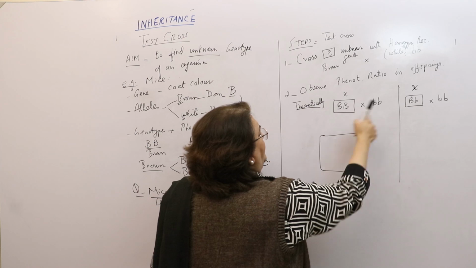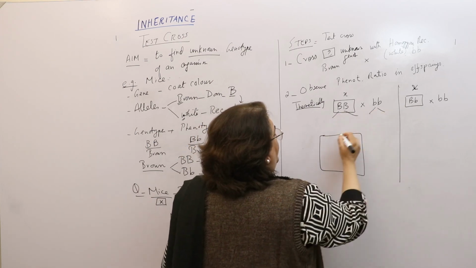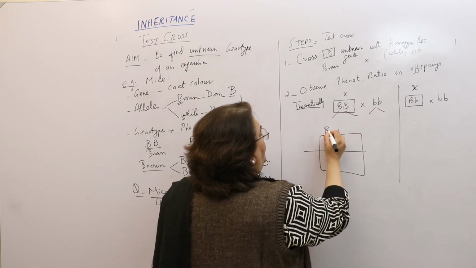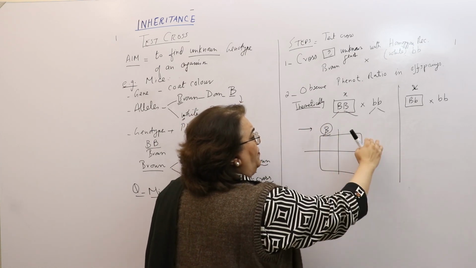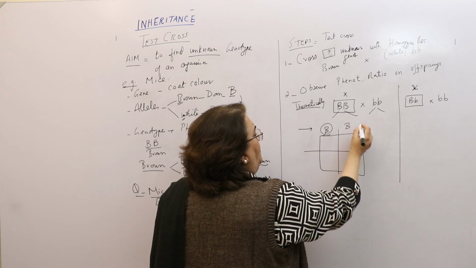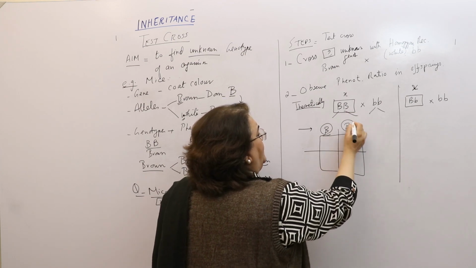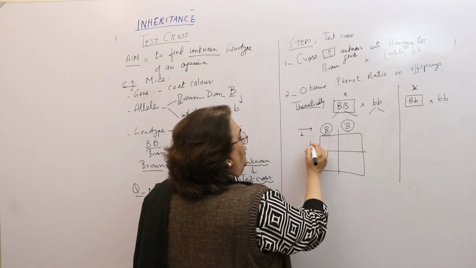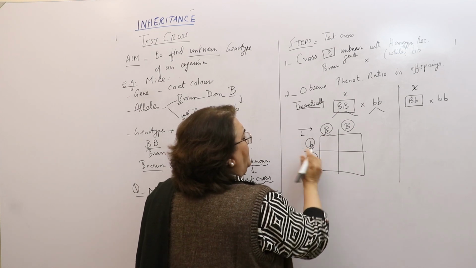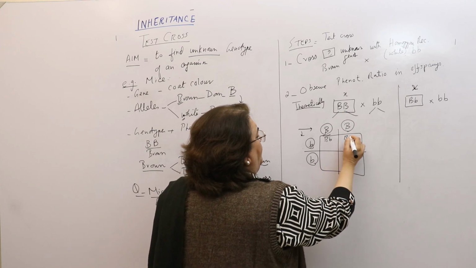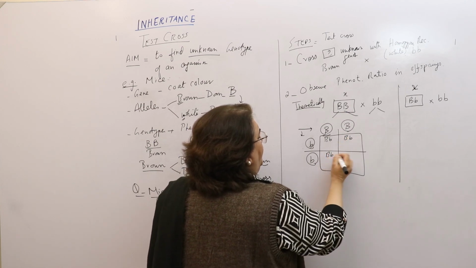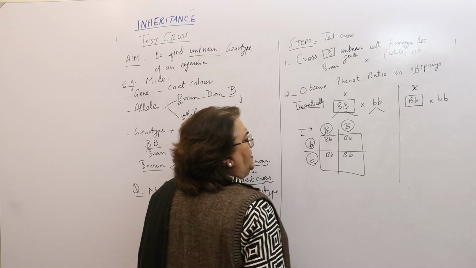Now, in this case, the alleles, the gametes of one parent would come over here. This is one organism, one of the mice, and then the other one will be placed over here. And then we can fill up the test cross Punnett square: capital B and small b, capital B and small b, and capital B, small b.